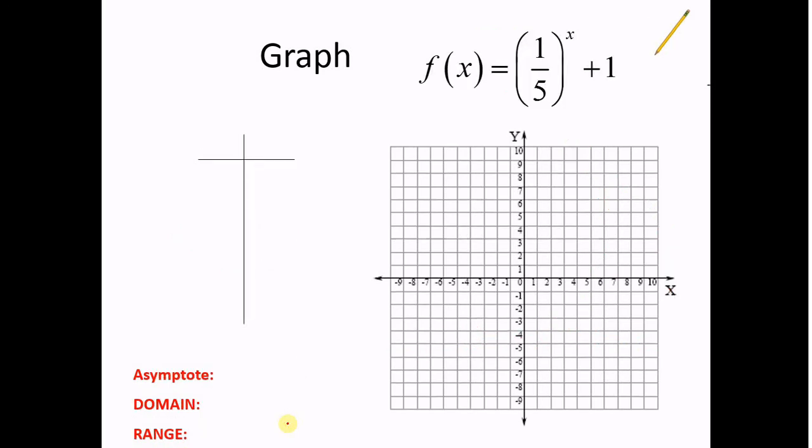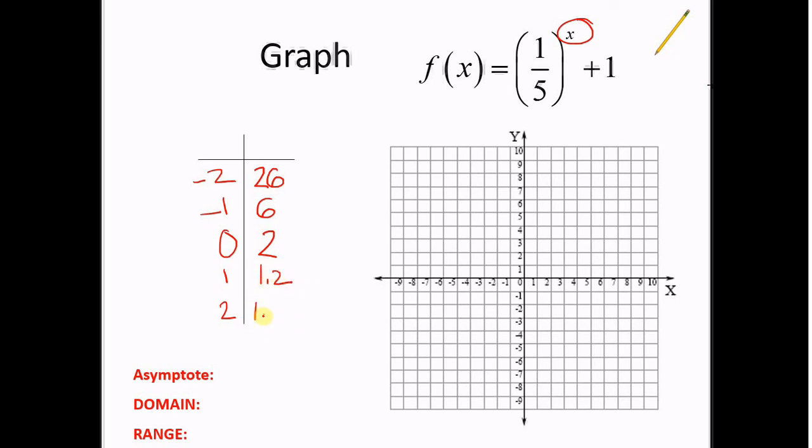Last graph. So, very first thing, let's figure out x needs to be 0, so it's going to be in the middle. So, -2, -1, 0, 1, and 2. If you plug in a -2, you get 26. Holy cow. -1, we get 6. 0 is 2. 1 is 1.2.